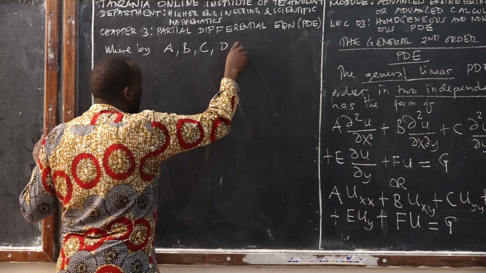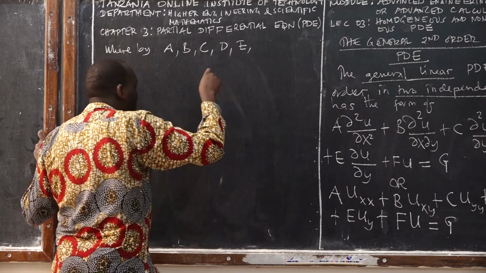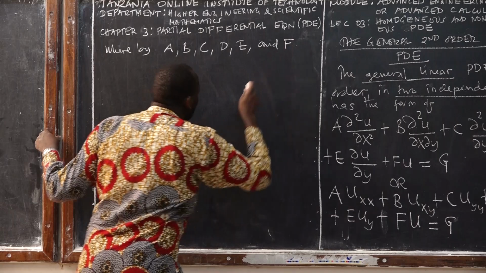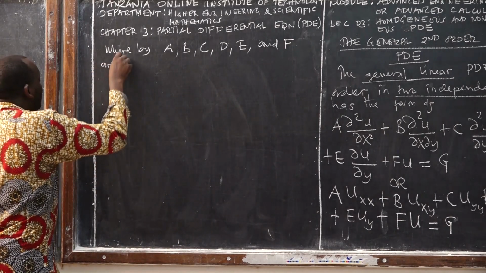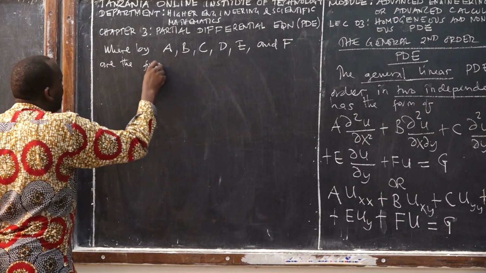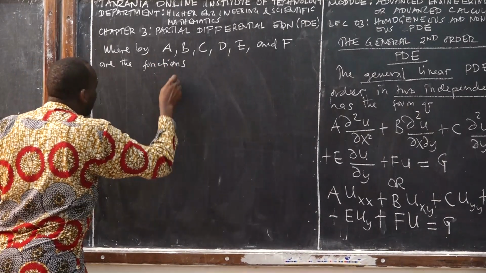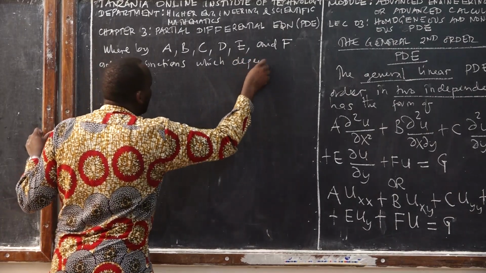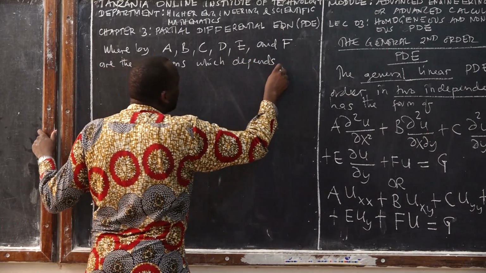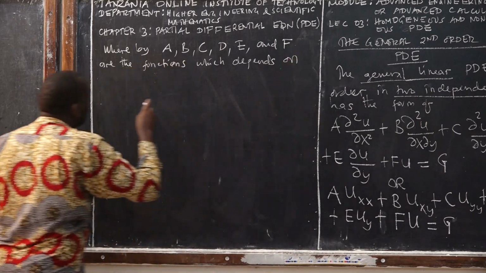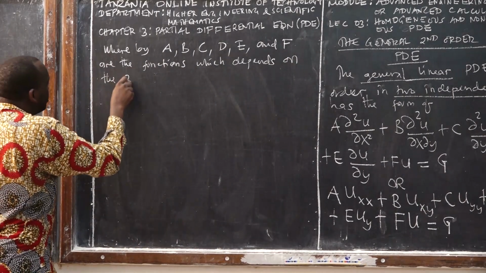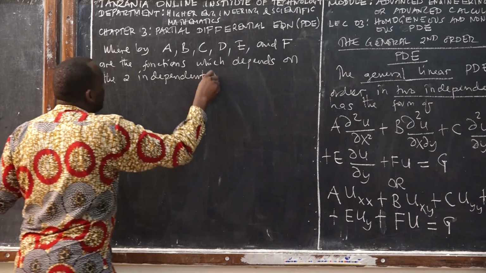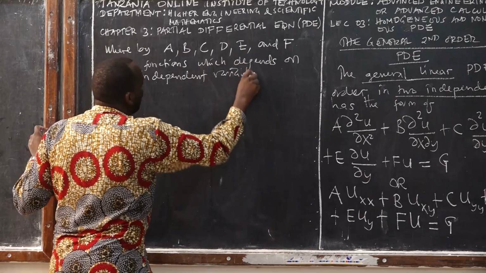D can be a constant or function. E can be a constant or function. And F and G are functions, functions which depend on the two independent variables.